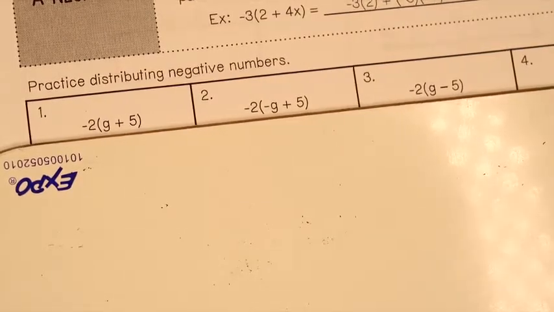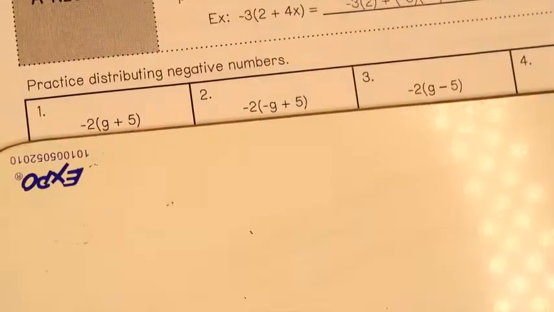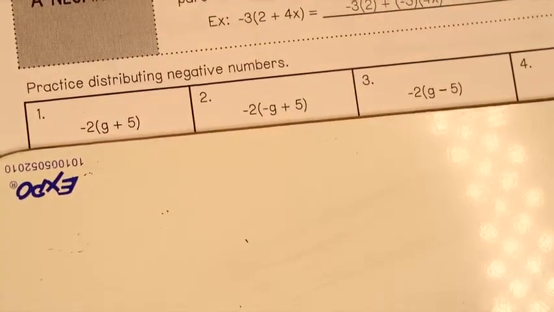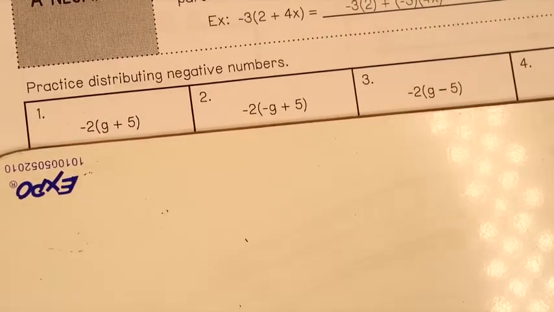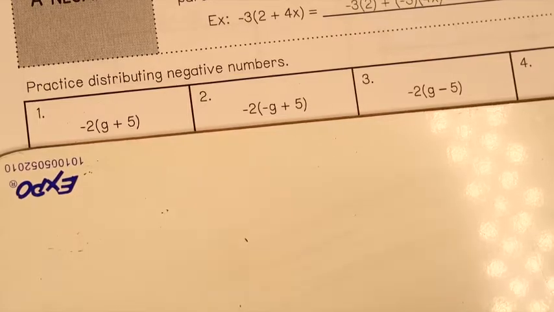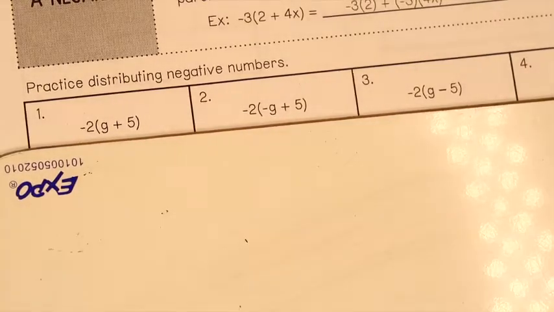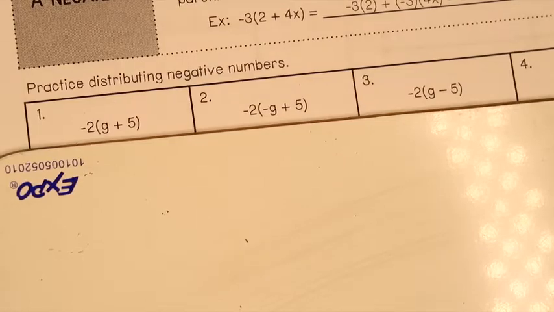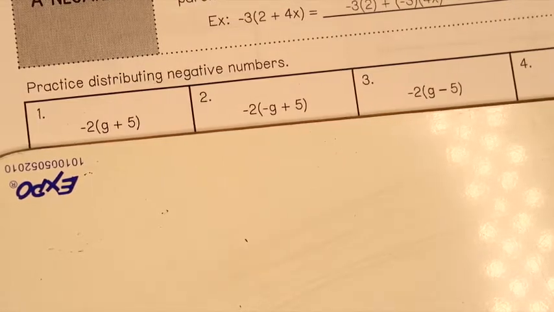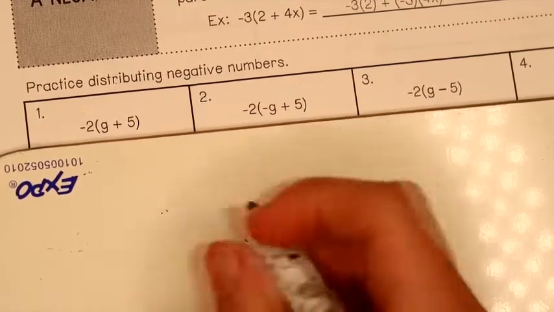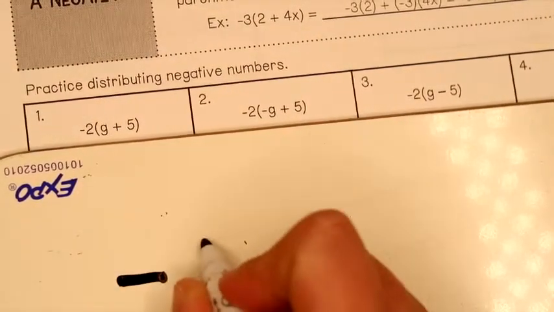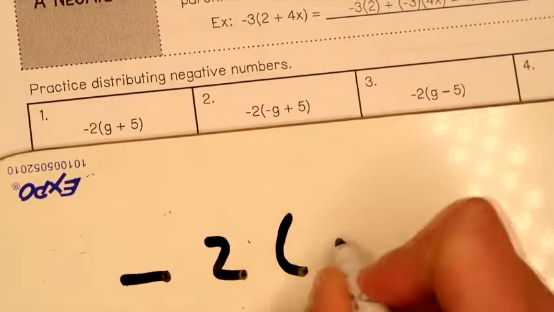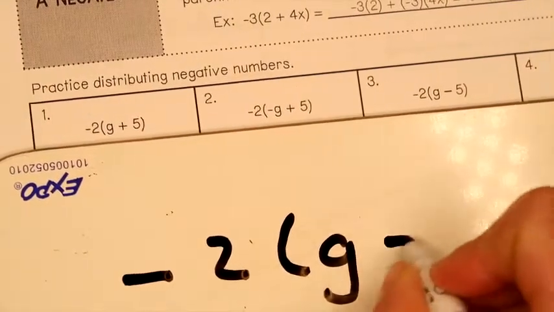Now kids, if you are still a little shaky or uncomfortable with negatives and positives and integers from the last module, I would like you to go back to the little cheat sheet in your notebooks and really study and focus on it, because if you don't know how to do these negatives and positives, you're going to have a hard time with this unit that we're working on currently.